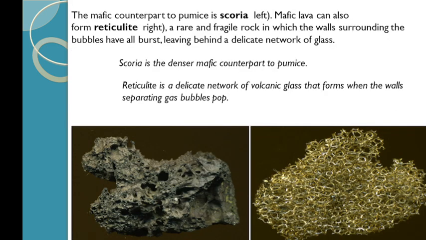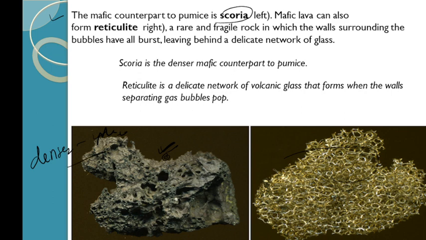Sometimes pumice is confused with scoria. This is scoria, because mafic lava can also form reticulite. These are rare and fragile materials surrounded by bubbles. So scoria is a denser mafic rock, a denser olivine, cpx, opx, dense mafic rock.